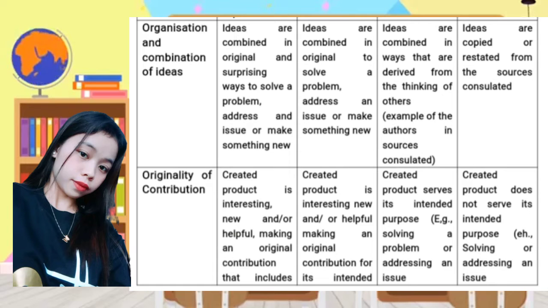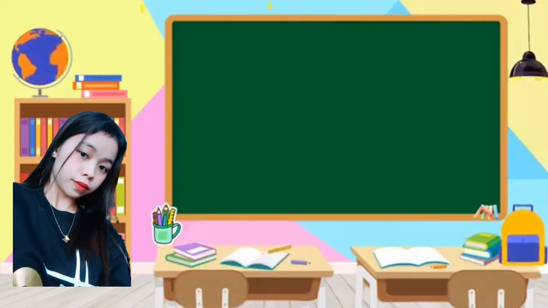In creative, a created product is interesting, new, and or helpful, making an original contribution for its intended purpose and solving a problem or addressing an issue. In ordinary or routine, a created product serves its intended purpose or solves a problem or addresses an issue. In imitative, a created product does not serve its intended purpose.